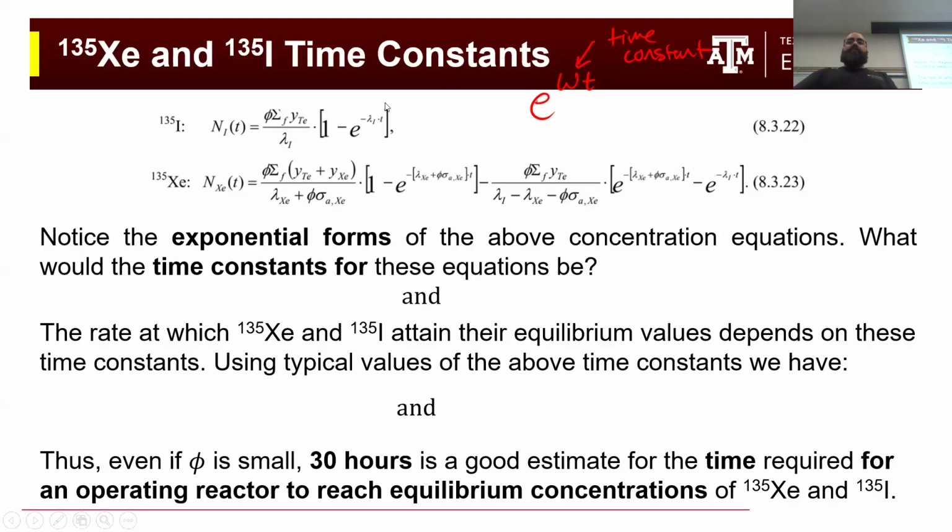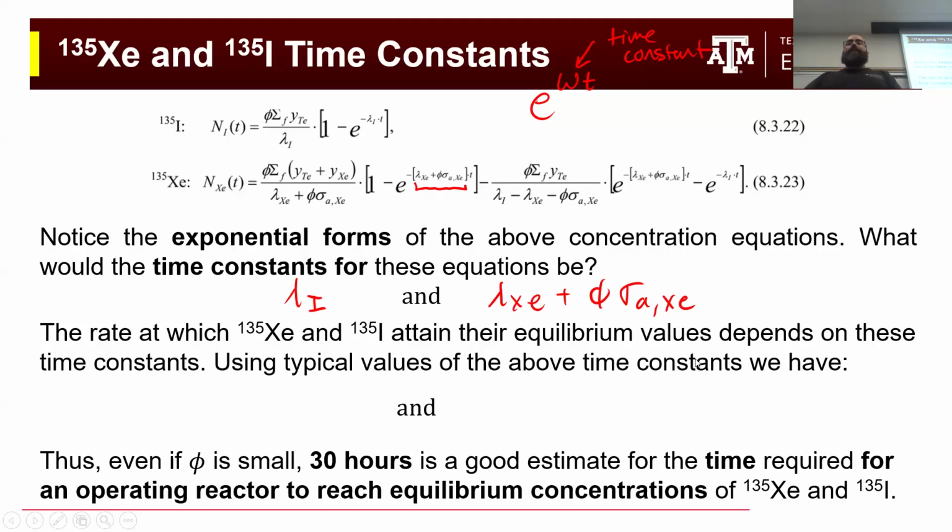If I look at the iodine solution, my time constant looks like a lambda I. It either looks like a lambda I or it looks like this thing right here: a decay constant for xenon plus a flux times an absorption cross section for xenon.